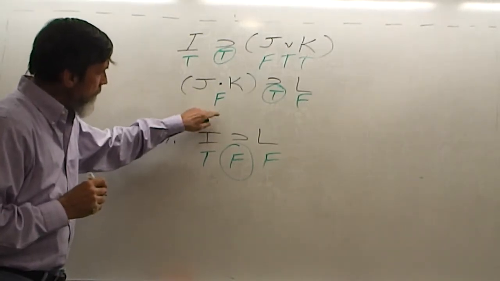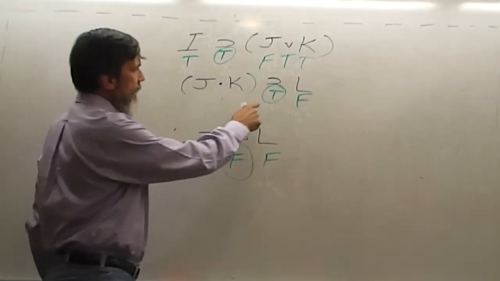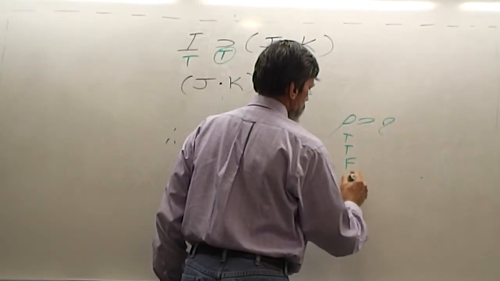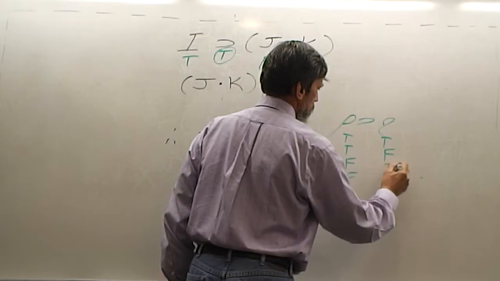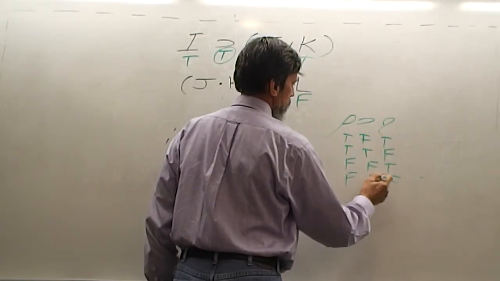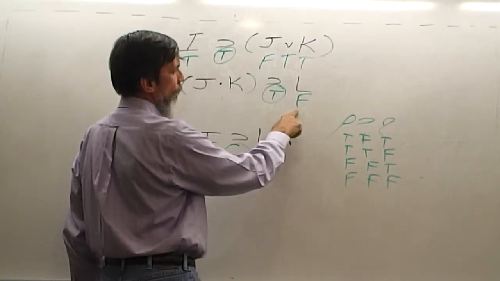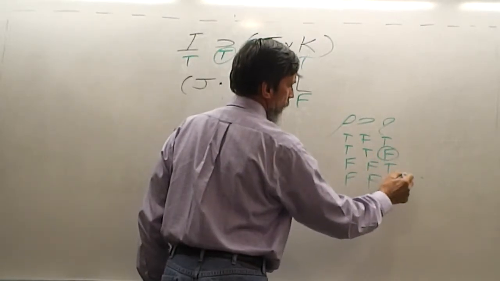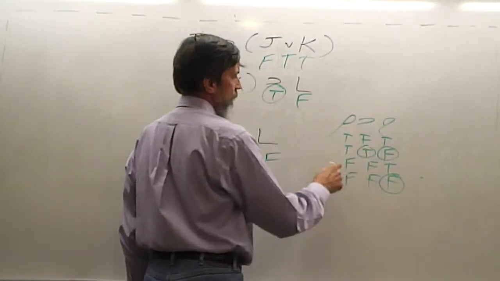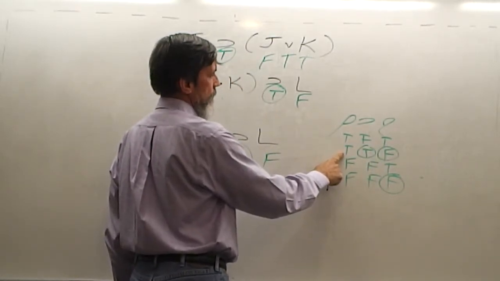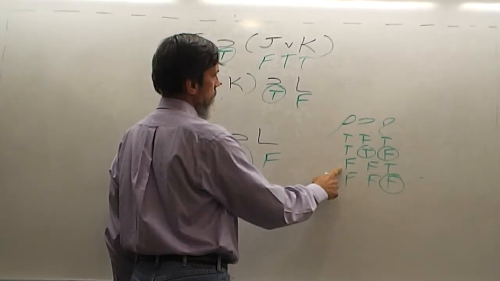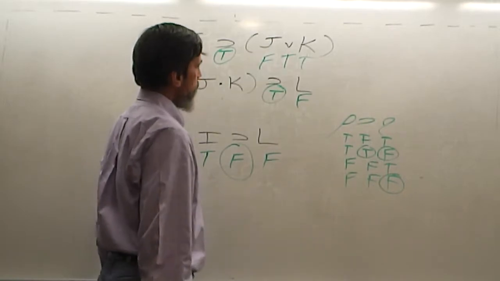That's what you're asking about? We had a false consequent, right? Or horseshoe has to be true. Right, so that has to be true under the and. That true has to go under the dot, or the and, or the conjunction J and K.